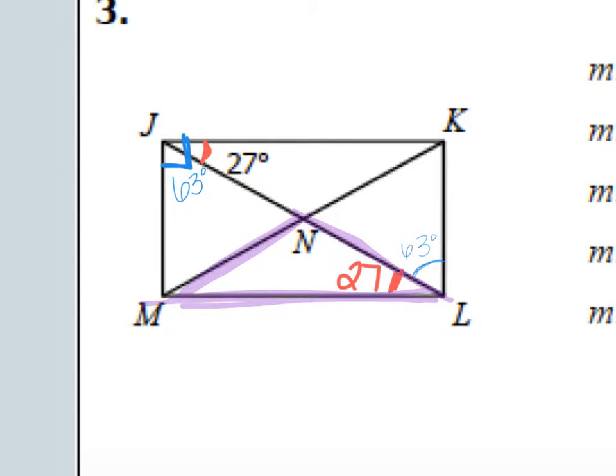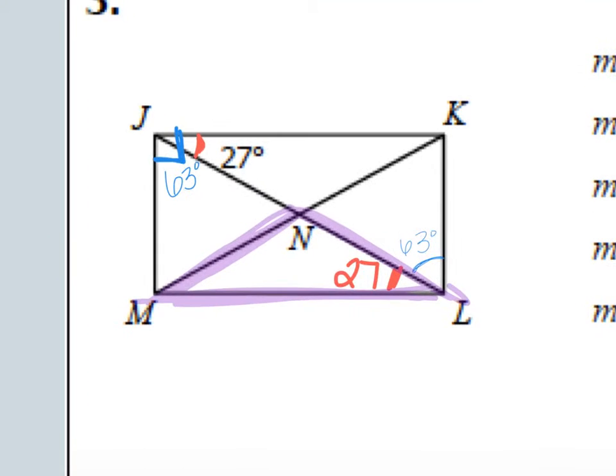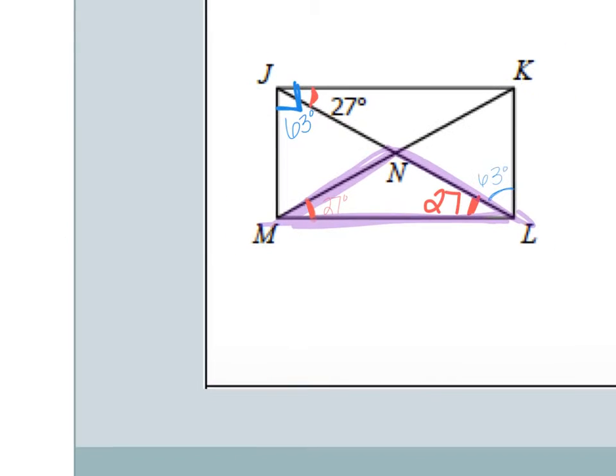So in that purple triangle, if that bottom right corner is 27, by definition of isosceles, this angle over by M is also 27 degrees, which means the one up top by angle K is also 27.